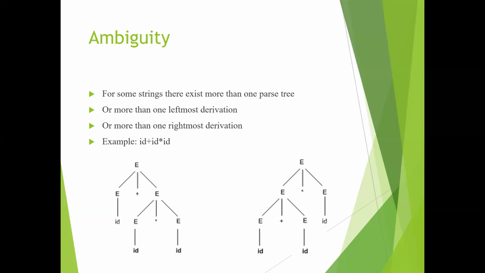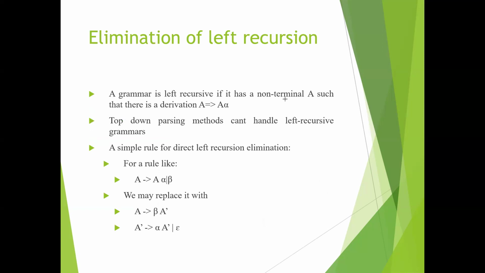That creates a conflict, known as ambiguity, that occurs with a particular production. If you want to remove that ambiguity, we have to use two methods. The first is the left recursion method and the other is the left factoring method.